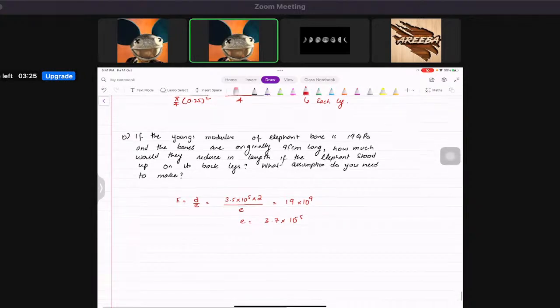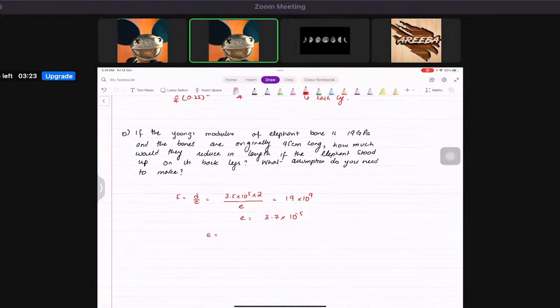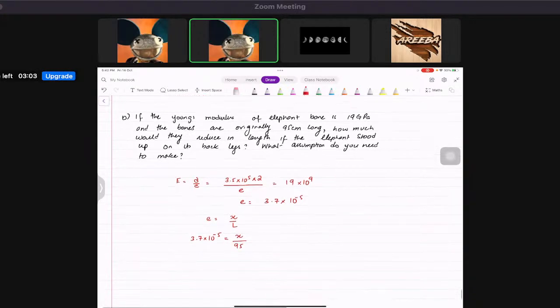So strain is given by change in length over original length. So this is 3.7 times 10 raised to minus 5. The x is what we need, and the original length is 95 centimeters. So let's multiply this.